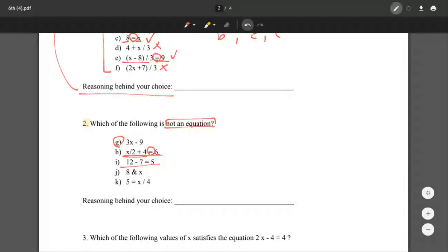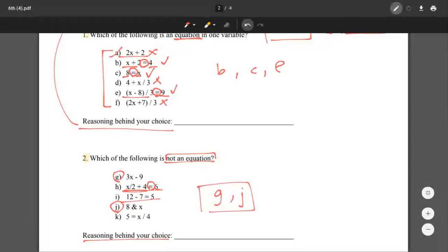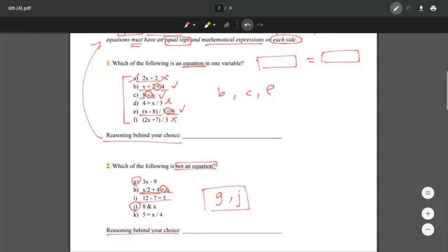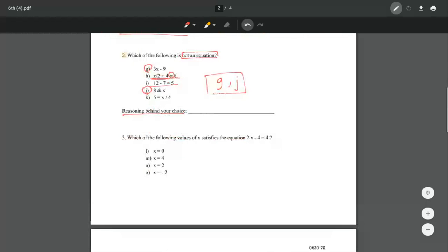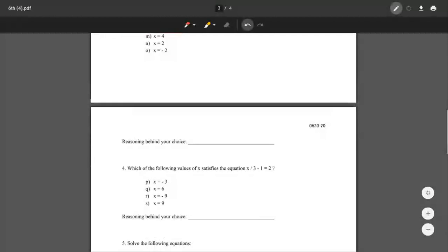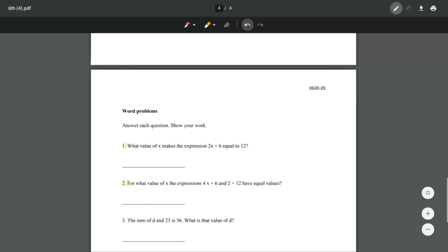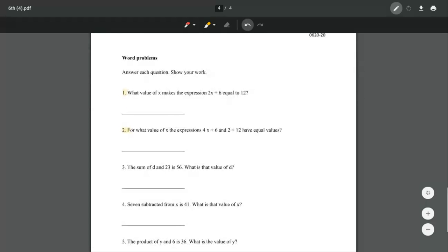That is not an equation, right? And then K is also an equation. So we have G and J that are not an equation. And again, for the reasoning behind your choice, we can again refer to this definition. Okay? So go ahead and try the rest. And then let's work on word problems.